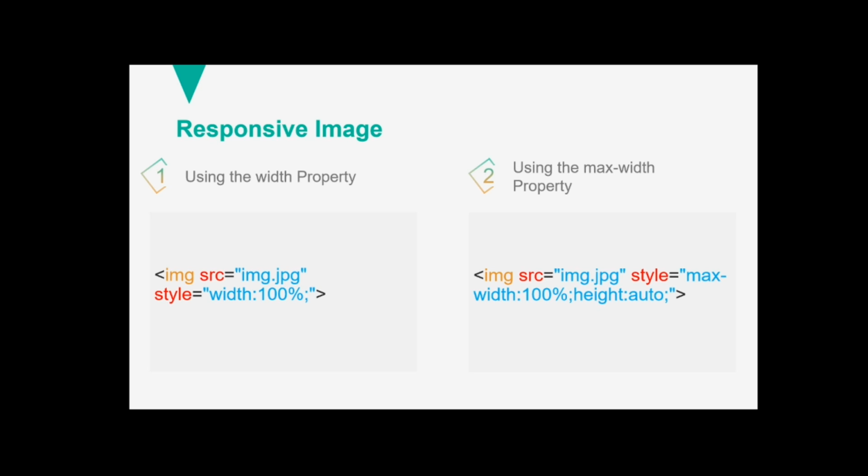If you use the max width property set to 100%, the image will scale down if it has to, but never scale up to be larger than its original size.